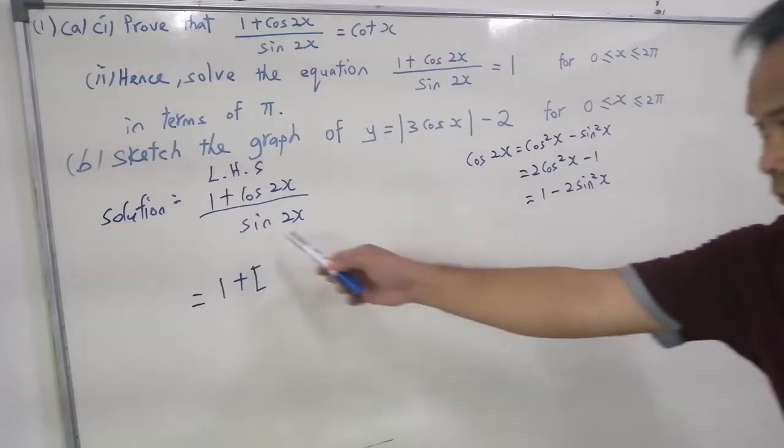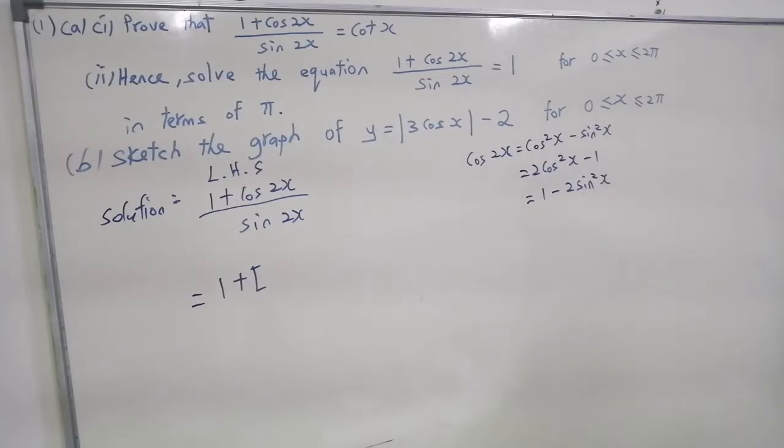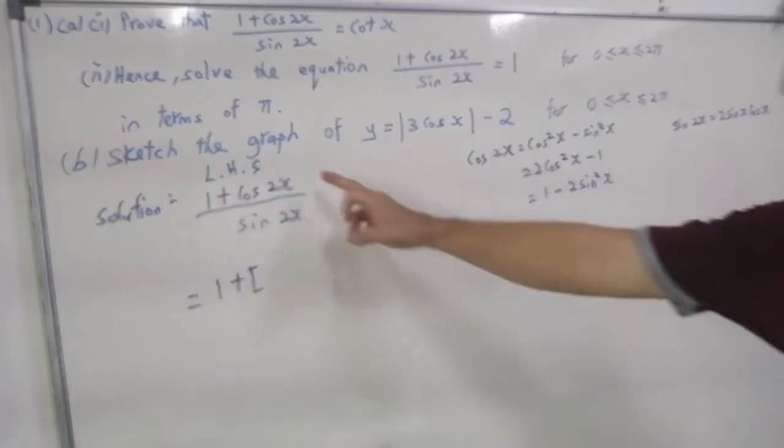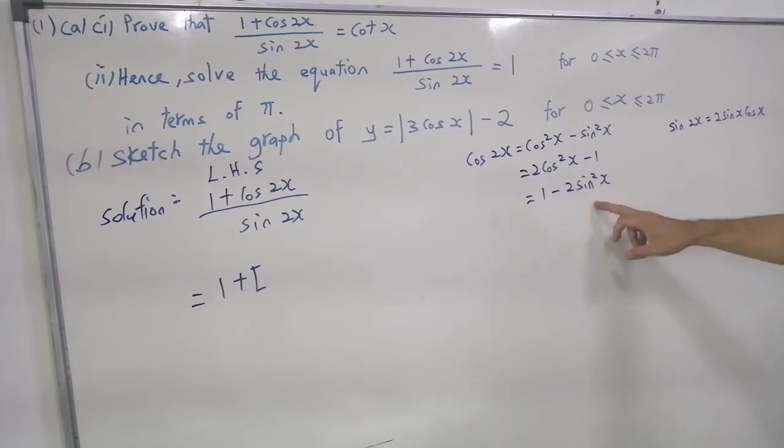Here there is sin 2x, which is equal to 2 sin x cos x. From here you can see the last formula has sin, so I need to take the third one.